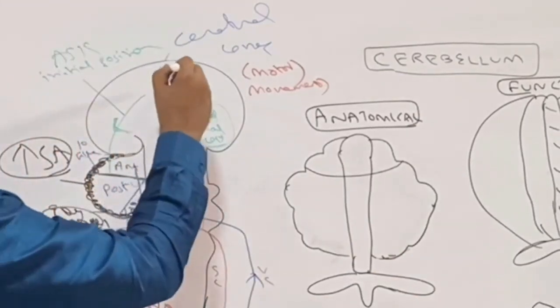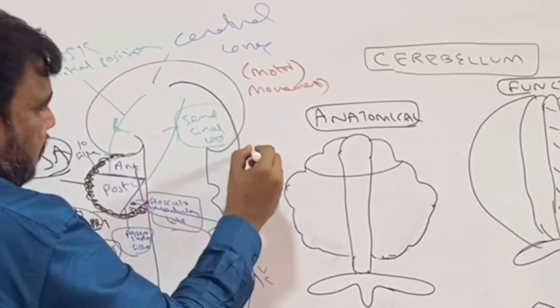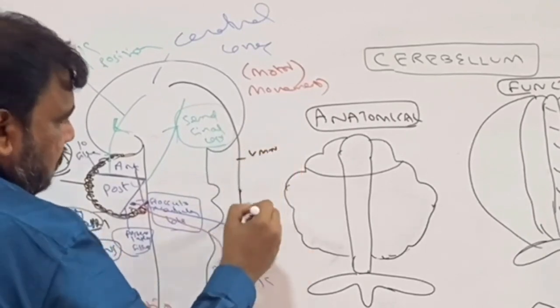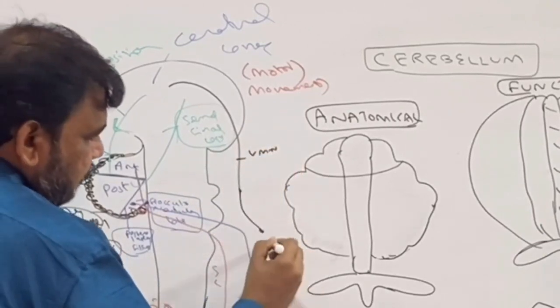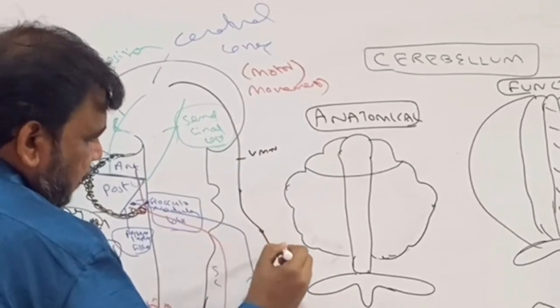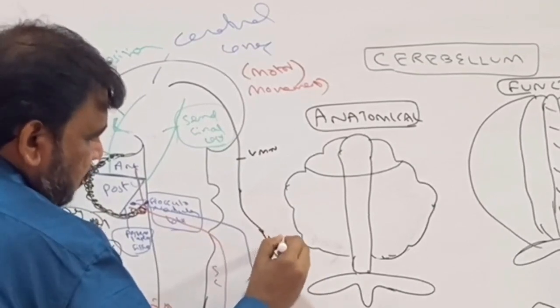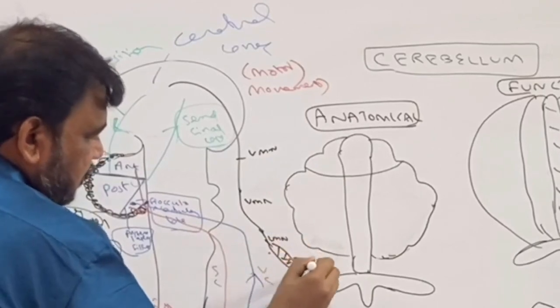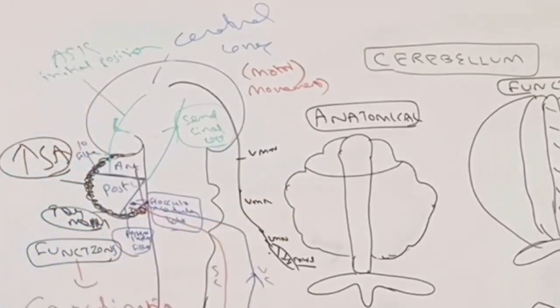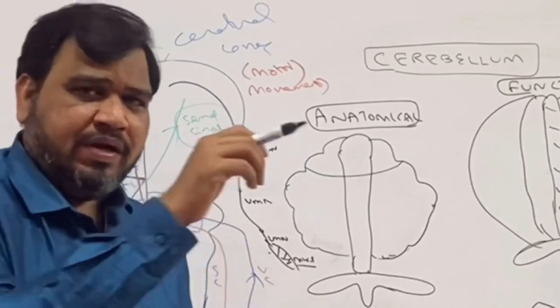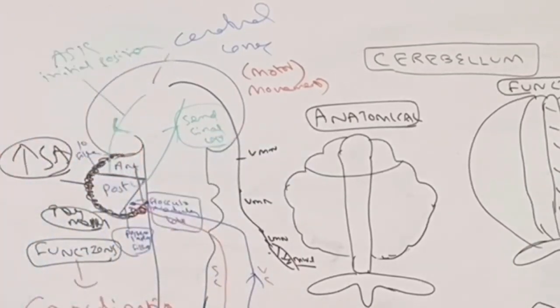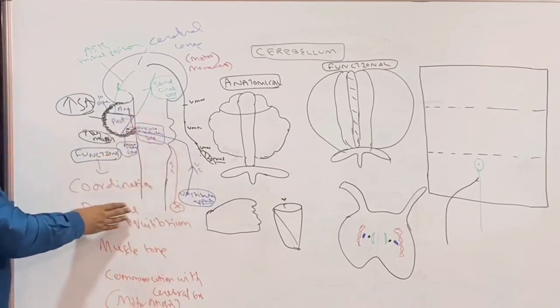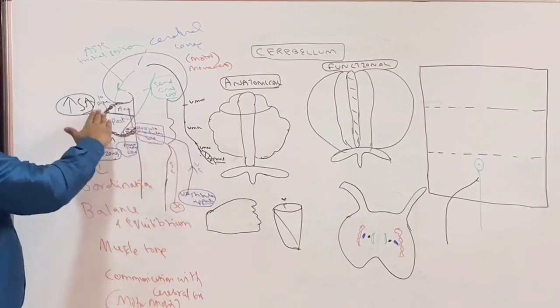Once the final position, for example where the cup of tea is located, is known, then the cerebral cortex will start the upper motor neuron, then the lower motor neuron, then the muscle. That is contraction of the muscle so that the cup of tea is picked correctly. So I again repeat, from the vestibular apparatus mainly for balance and equilibrium, vestibulocerebellum.